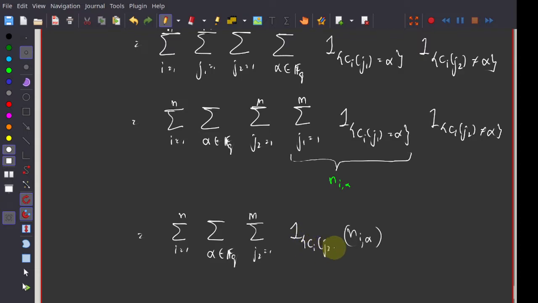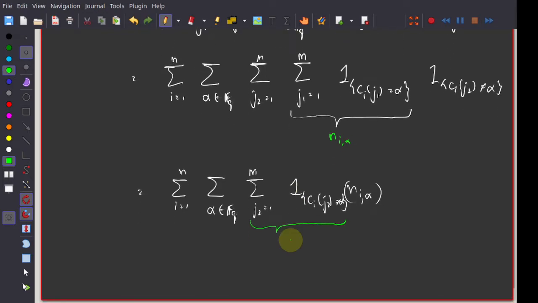If I look at this particular quantity here, it's counting the number of code words for which the ith coordinate is not equal to alpha. Since there are a total of m code words, and out of which n_i alpha code words have the ith coordinate equal to alpha, this is basically equal to m minus n_i alpha.